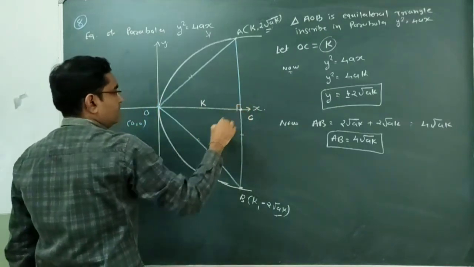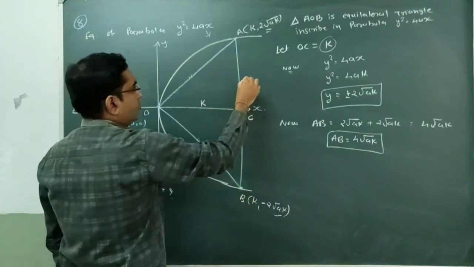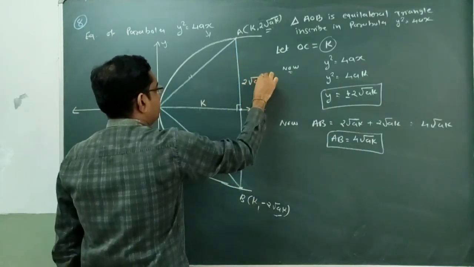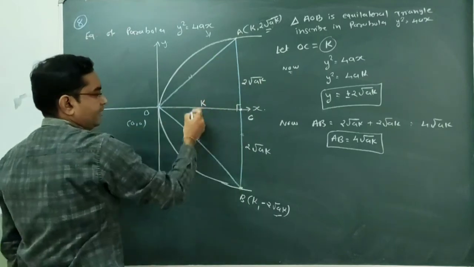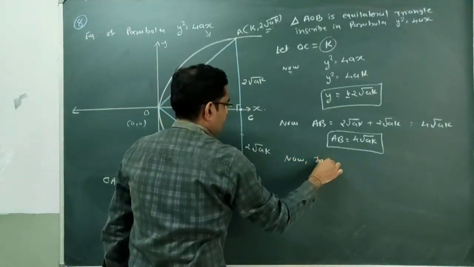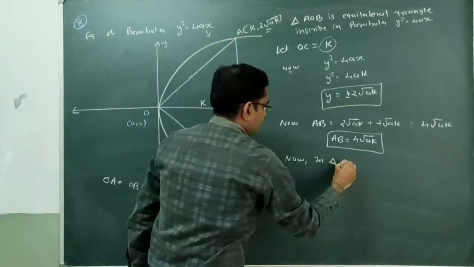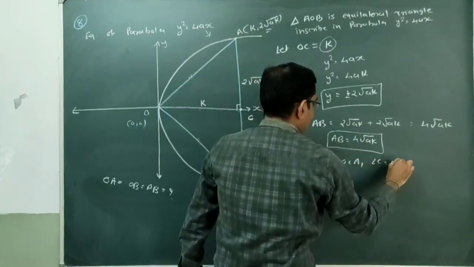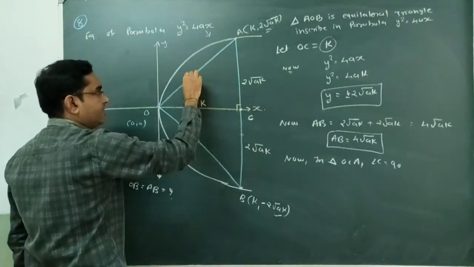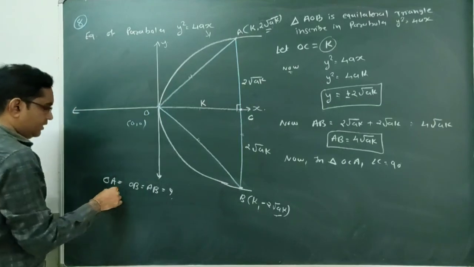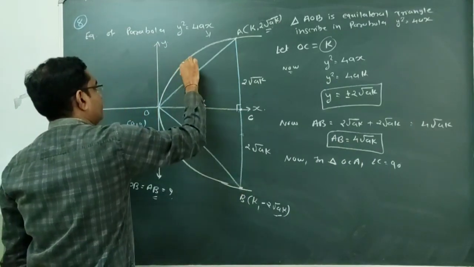So now this length is k, this is symmetrical about the x axis, तो ये length होगी 2 root ak, ये length भी होगी 2 root ak, total length होगी 4 root ak. So this is one right angle triangle OCA, angle C is 90 degrees. OA is equal to AB, and AB is 4 root ak, so this length will be 4 root ak.